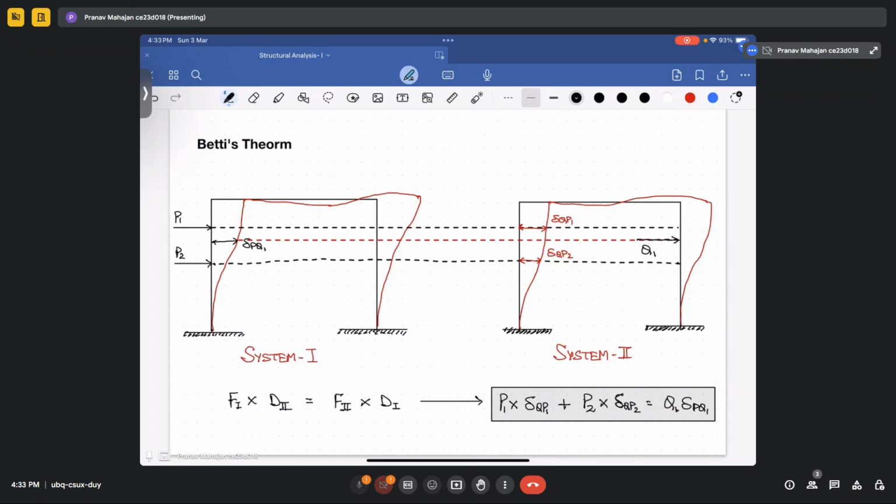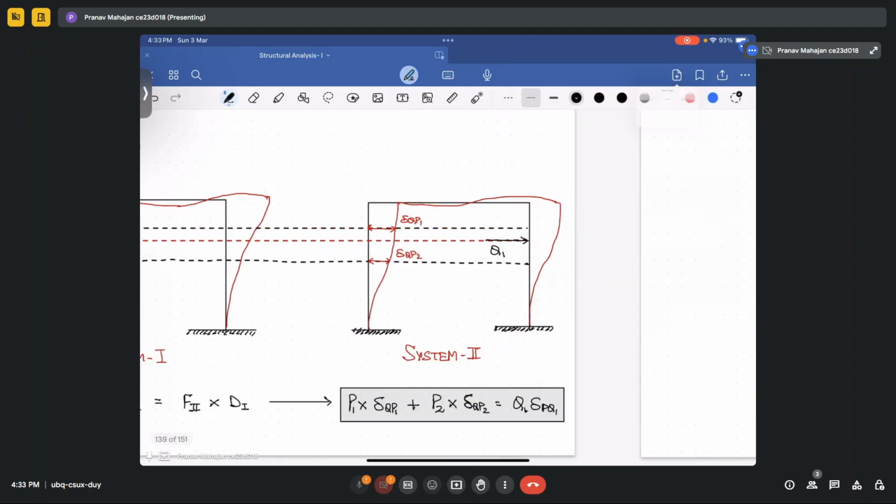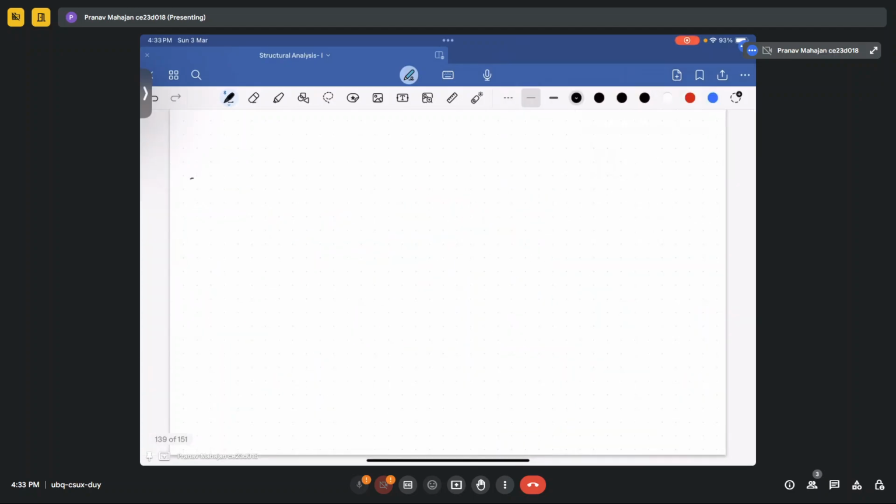Okay. So suppose you have a beam. It has three reactions. This is your AY, this is your BY, this is your CY.